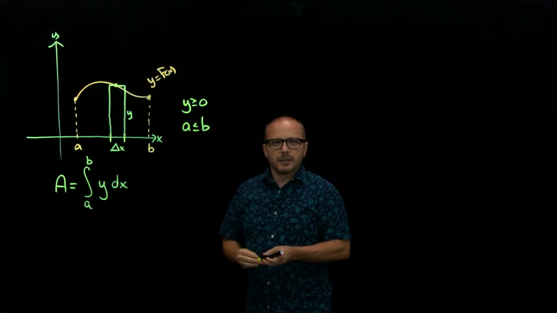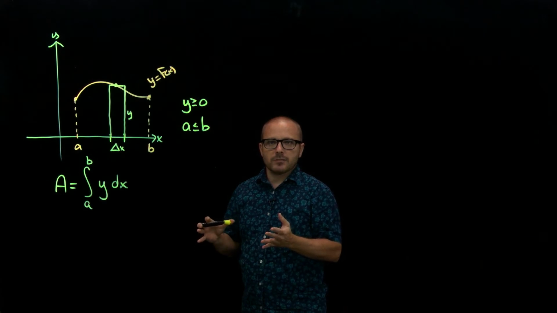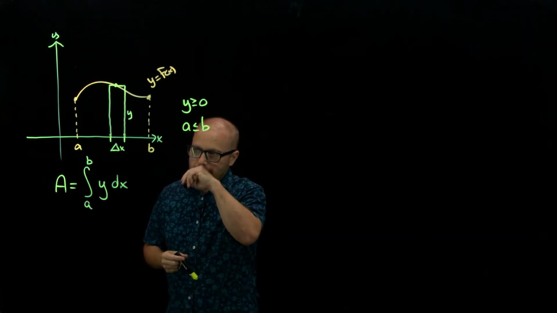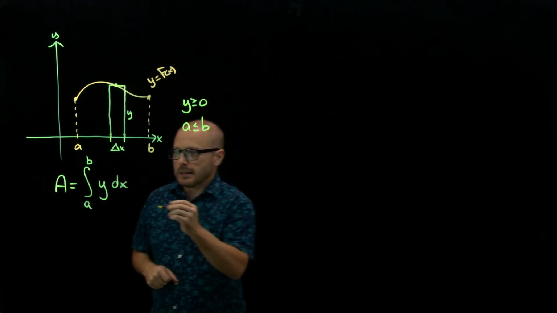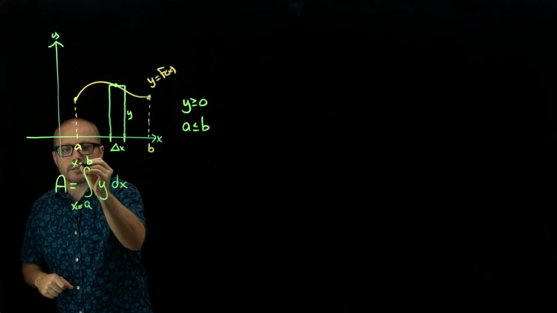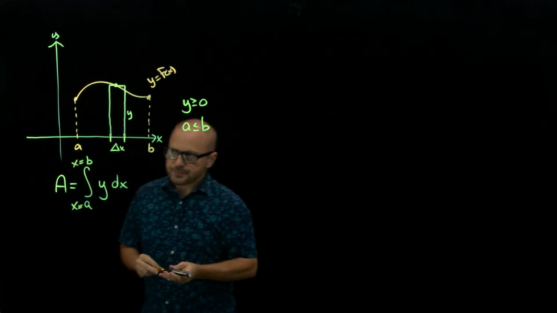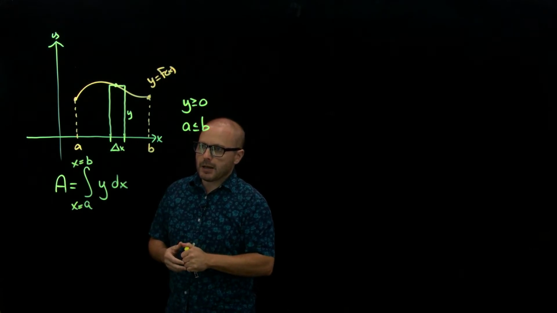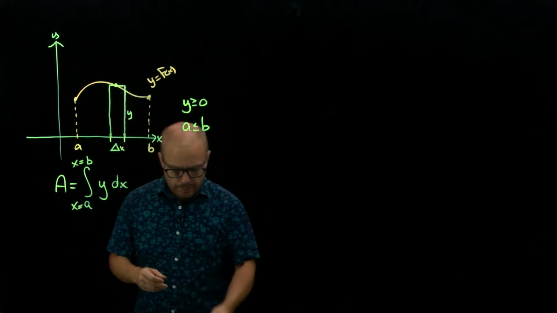But we're going to have to be a little bit careful when it comes to parametrically defined functions. So let's think about this. I'm going to label these so we're clear. These are x's, right? That's the Cartesian way. But what if our curve was defined parametrically?